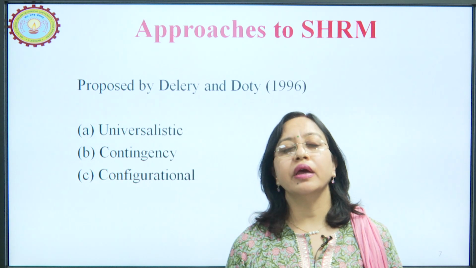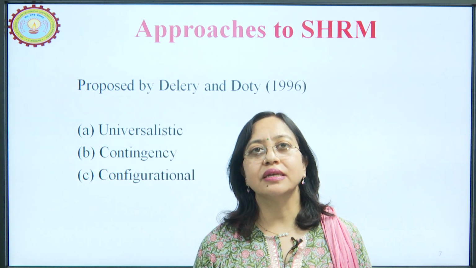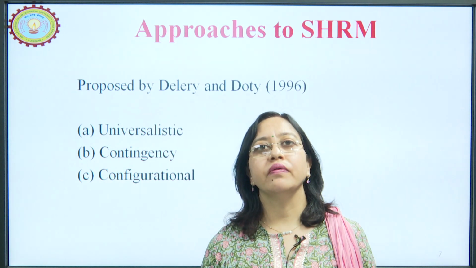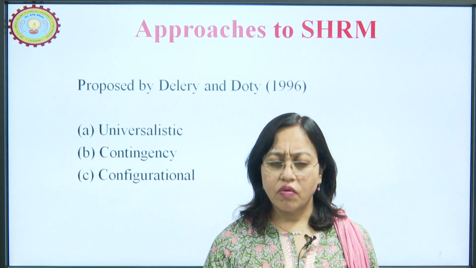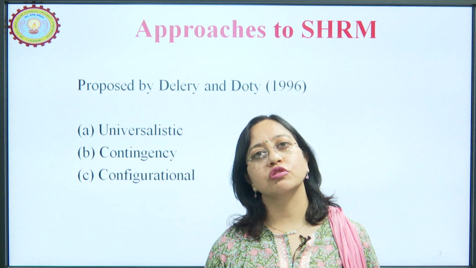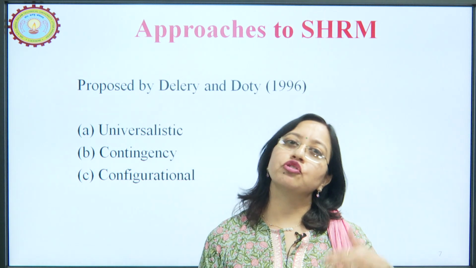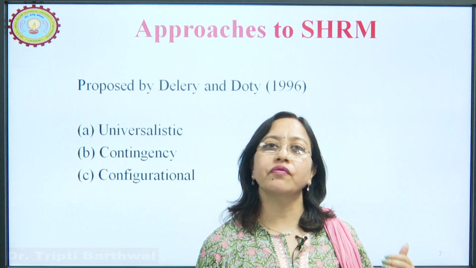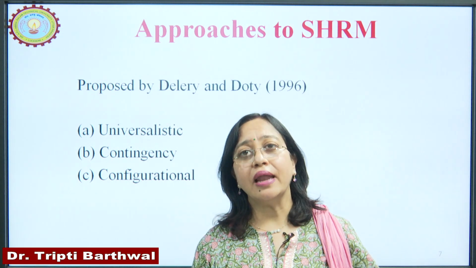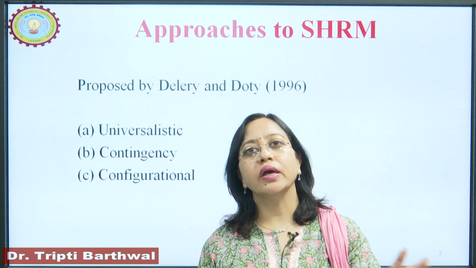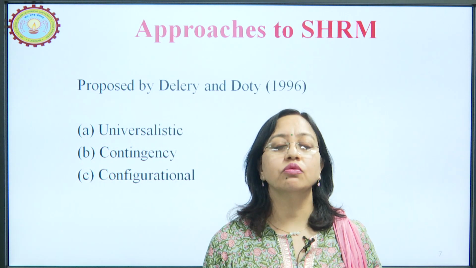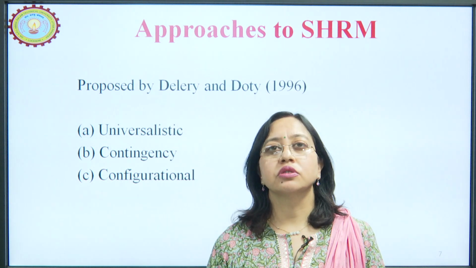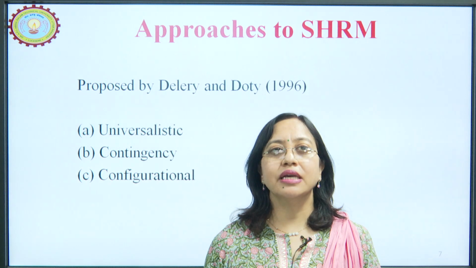The universalistic approach, as the name suggests, is an approach in which we believe that whatever are the successful human resource practices should be used everywhere. They should have a universal application. So, if something is working well for an organization, then all the organizations can simply copy and paste and start using it in their case also. That is the universalistic approach. Then the second is the contingency approach.